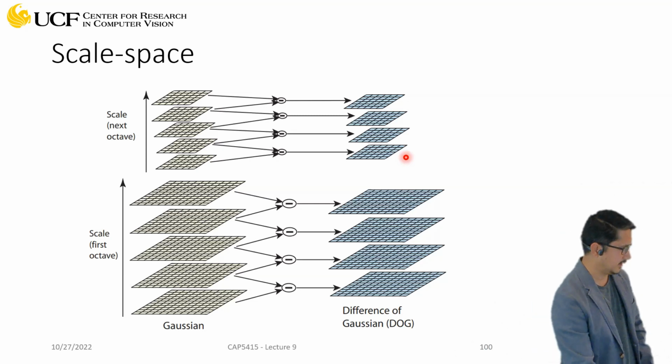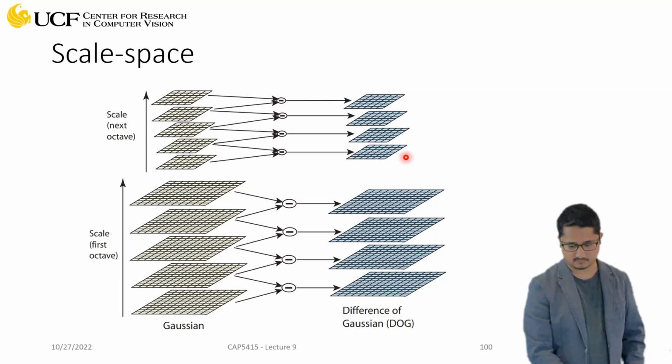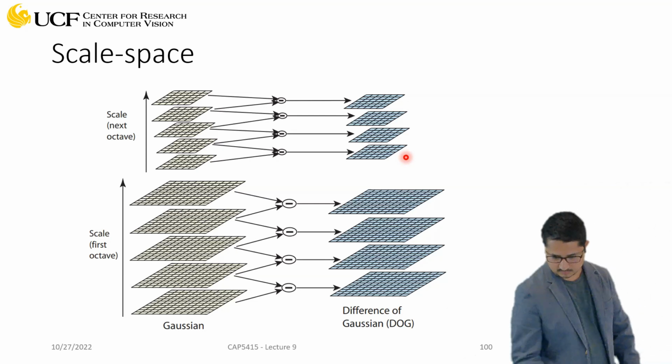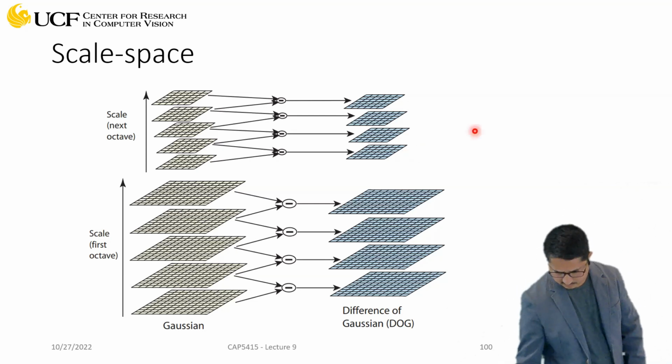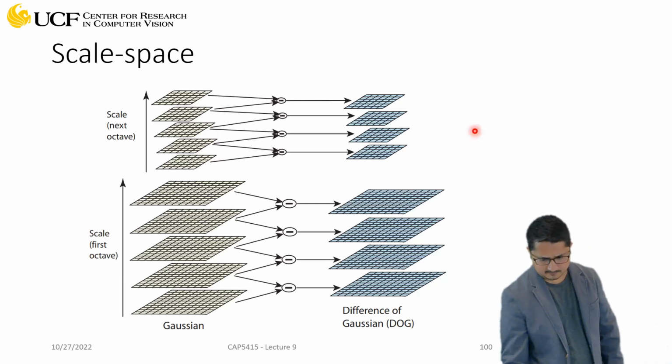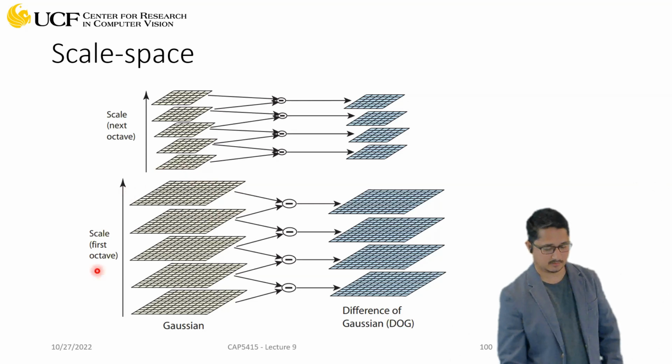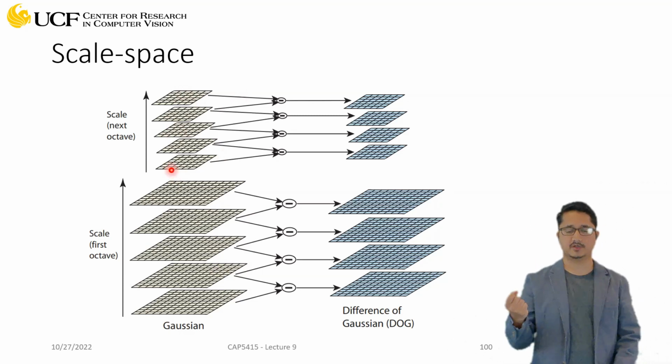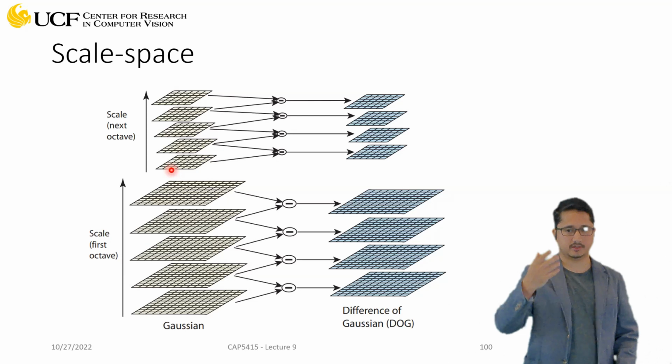No, the pop quiz is not released yet. Let me first go to the question. So Anthony, you can see the slide, right? This is one octave, all these heat maps, and this is the second octave. If you perform the same filtering operation on a smaller resolution, you will have a third octave.